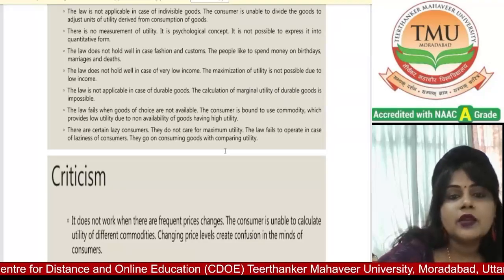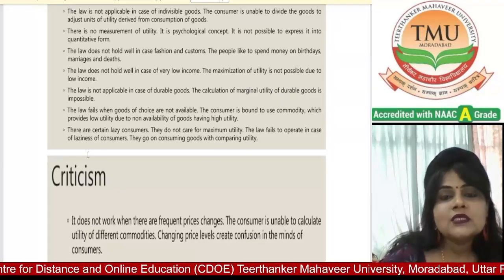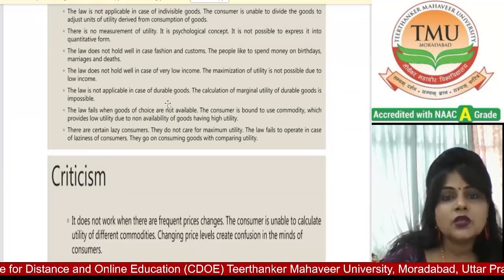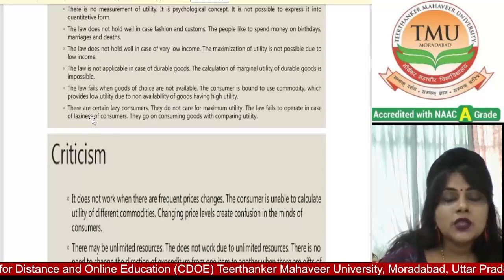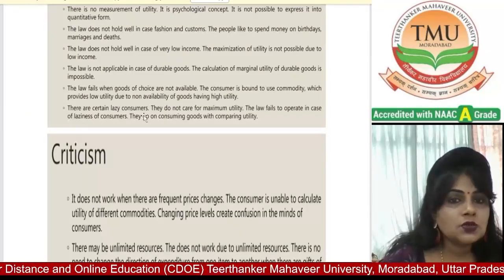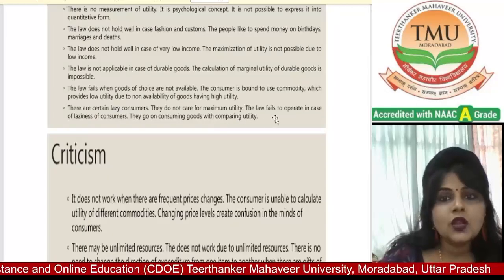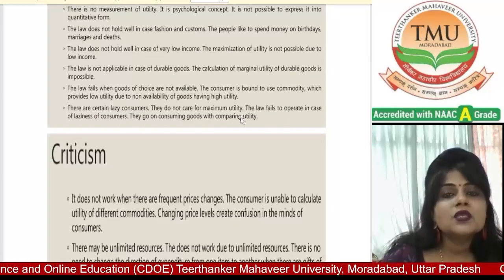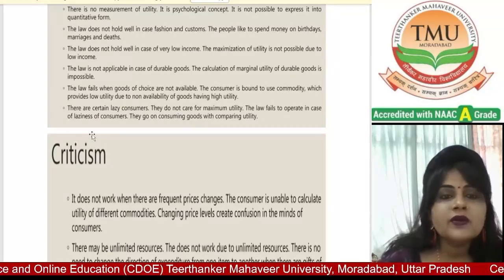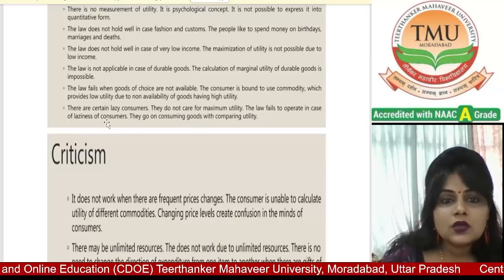He is also forced to use the goods with low utility. And next, the law fails when there are certain lazy consumers. They do not care for maximum utility. The law fails to operate in case of laziness of consumers.